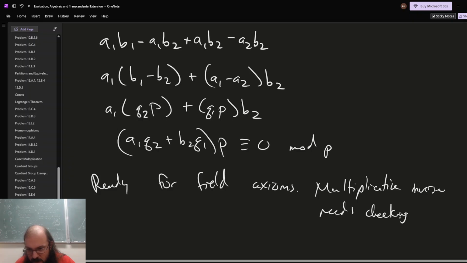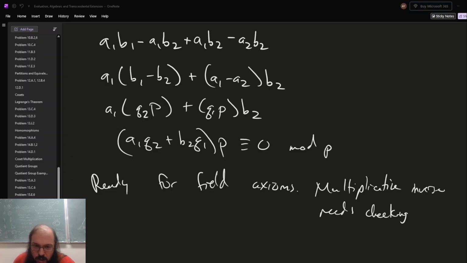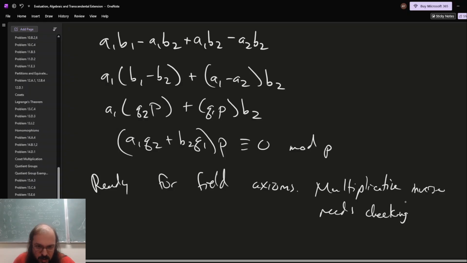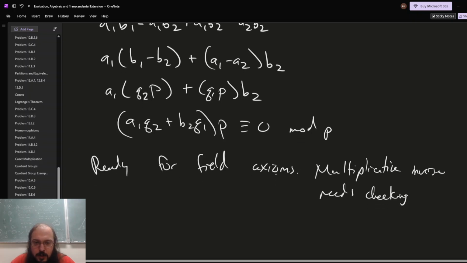Associativity of addition and multiplication is clear. Commutativity of addition and multiplication is clear. We know what the identity is. It's 0, or sorry, the additive identity is 0. The multiplicative identity is the class of 1. All of this is very straightforward stuff, right? Like there's some juggling of P's if you really want to be pedantic, but we know how polynomials work. So that stuff is fine.